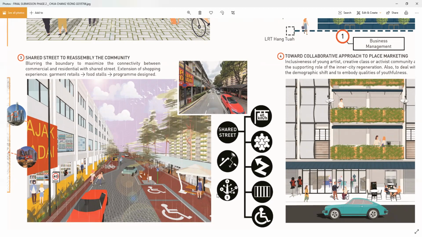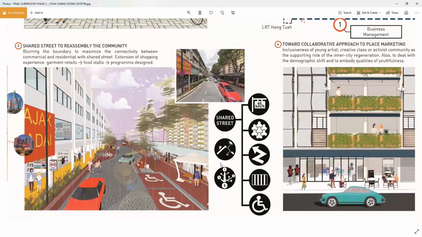The corduroy warning paving means these tiles, so when the cars exit, they will feel a very irregular surface as a warning. And then also reserve OKU parking and so on.